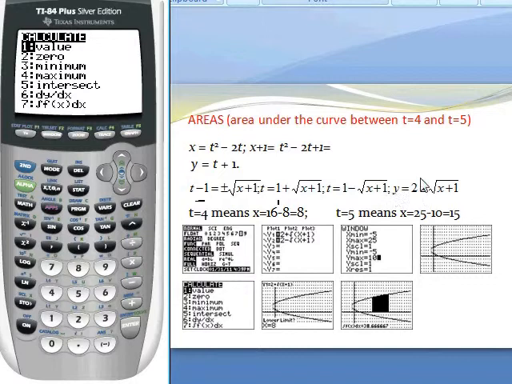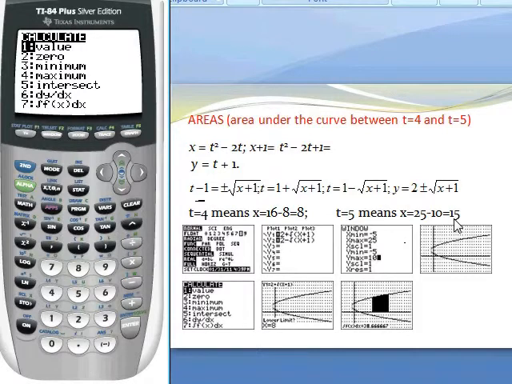And now y is going to be plus or minus. But now since I'm going back to x and y instead of t, I have to get those values. When t is 4, put that 4 in here, I get 8. And when t is 5, I will get 15. So x changes from 8 to 15.